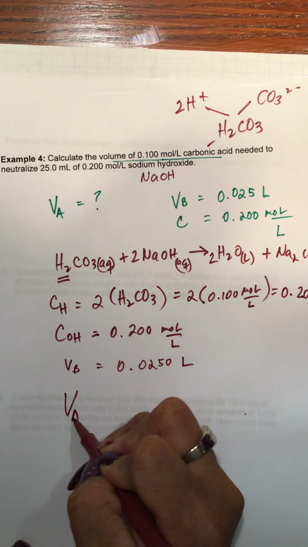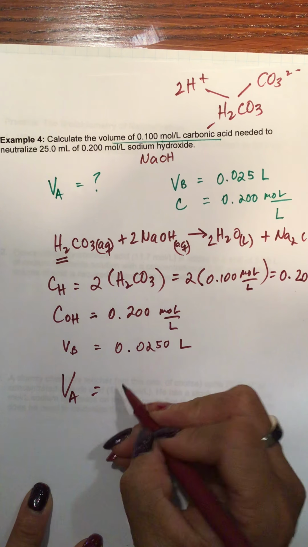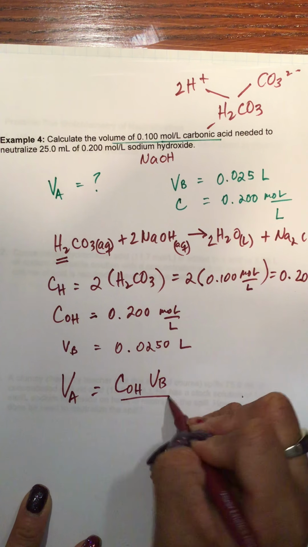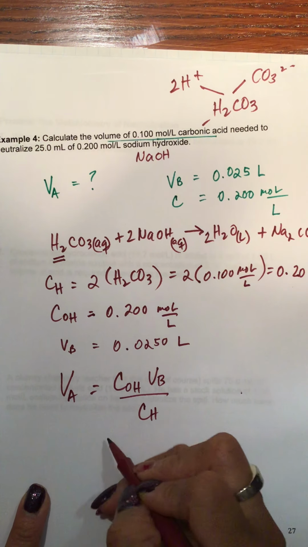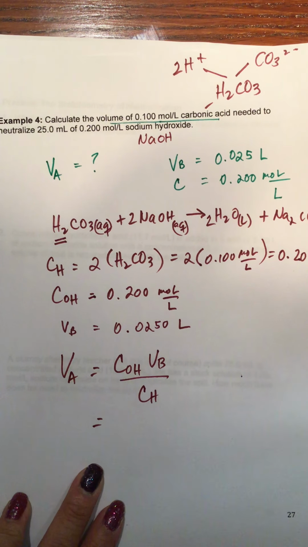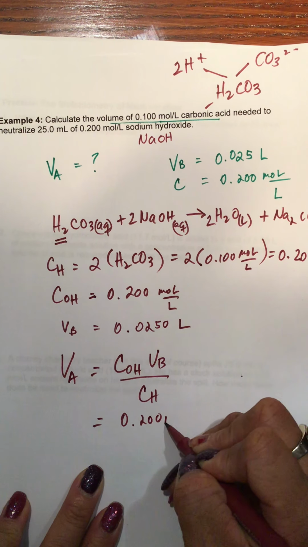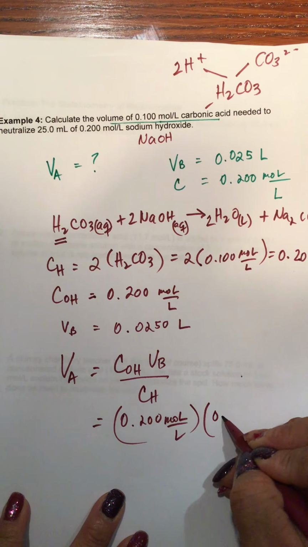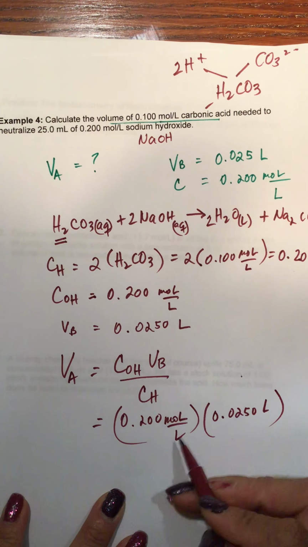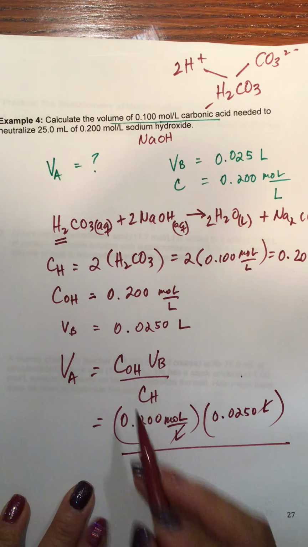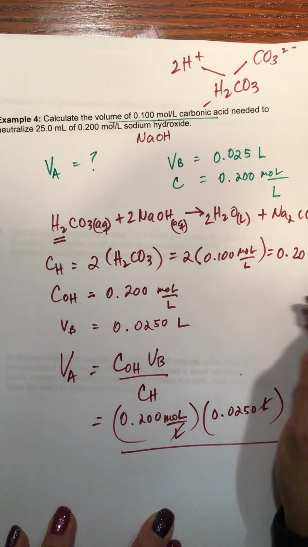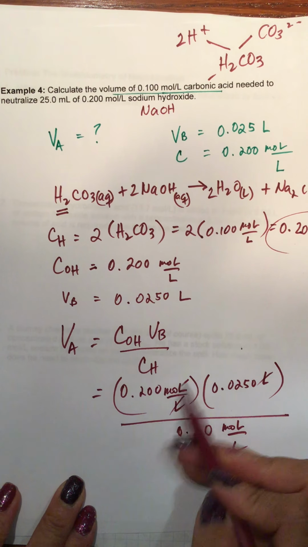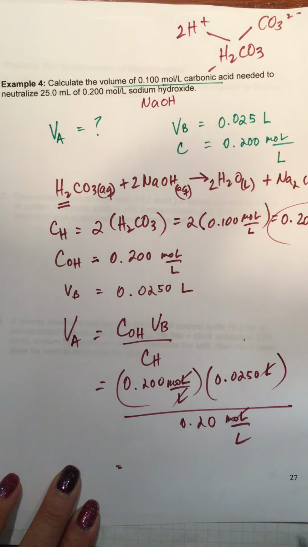The volume of the acid is the concentration of the hydroxide times the volume of the base divided by the concentration of the hydride. So we have 0.2 moles per liter times 0.025 liters, divided by 0.2 moles per liter. The moles cancel, and you are left with liters.